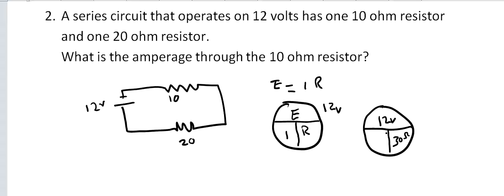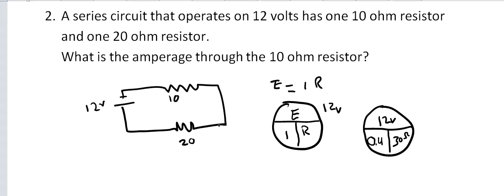So the circle says to divide 30 into 12, and you would get amperage, 0.4 amps would be the answer there. So we just simply use our circle to understand that. That's the application of both a series circuit to determine the total resistance, and then using the Ohm's law circle to find the amperage.